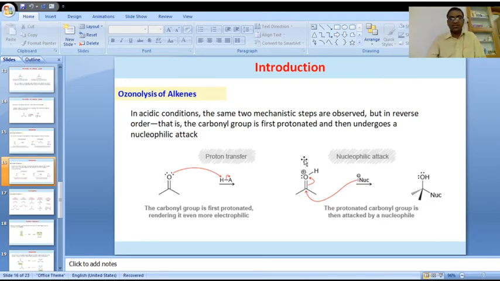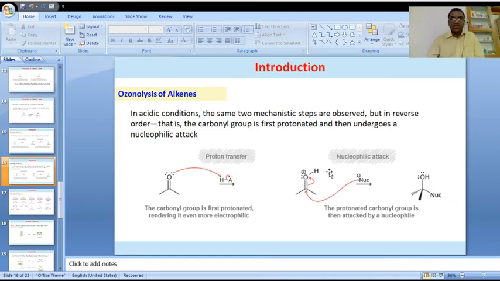Here once again please observe. In the reaction the carbonyl functional group is first protonated, rendering it even more electrophilic. The proton is transferred from acid HA to form the protonated carbonyl functional group as an intermediate.